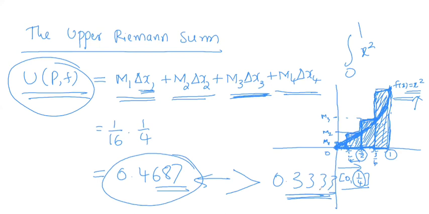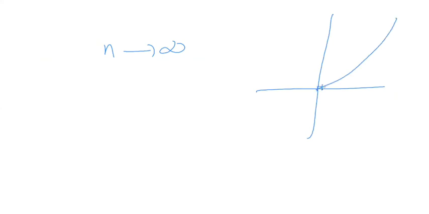Now as n becomes larger and larger, once again I come back to that table. As n becomes larger and larger, the number of subintervals increases. And as the number of subintervals increases, the extra area which we are counting above the curve becomes smaller and smaller.